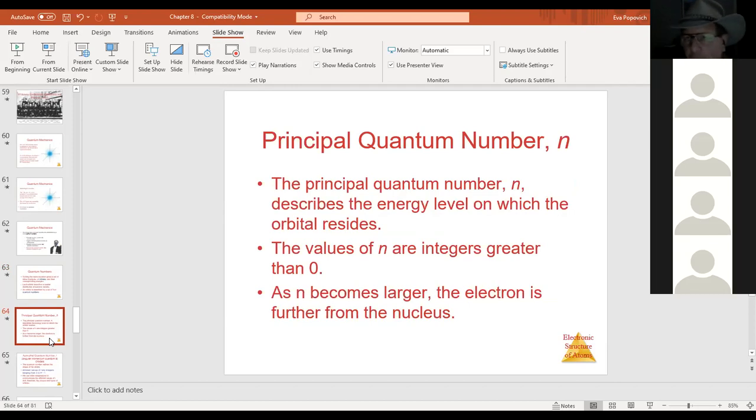As a matter of fact, if we're looking at the periodic table, the values of N can be 1, 2, 3, 4, 5, 6, 7. We only have 7 values in the periodic table, because if you look down the left side of the periodic table, we only have 7 rows. The other thing is, as N becomes larger, the electron is further and further away from the nucleus.